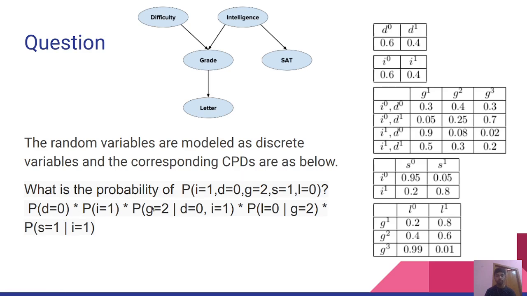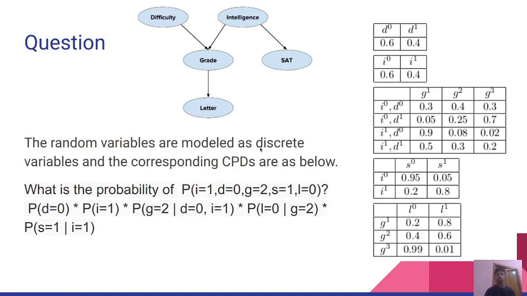So basically what is happening here is that difficulty is not a child of anyone. Intelligence is also not a child of anyone. So we are taking those values directly. So D equal to 0 is 0.6, and I equal to 1 is 0.4.